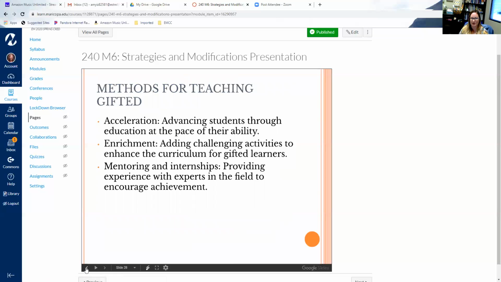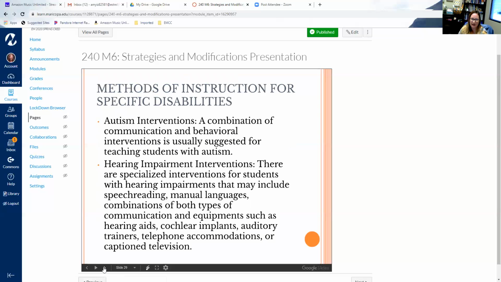there's also some information for how do we deal with students that are gifted. We often work with students that are very gifted in their cognitive or their intellectual abilities, but they struggle with one thing or another. So how do we help accelerate or enrich their learning in some areas and also support those areas that they're more challenged in? And then there's some specific instruction that sometimes comes related to certain disabilities.